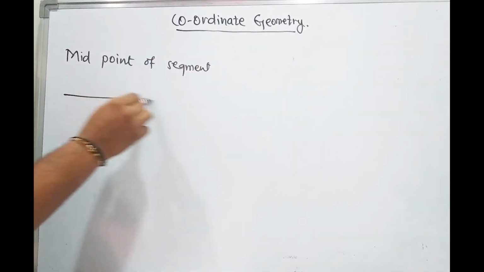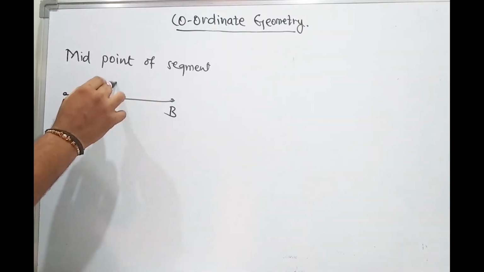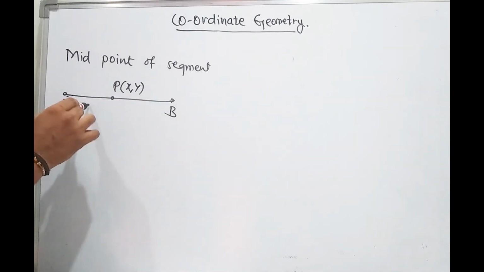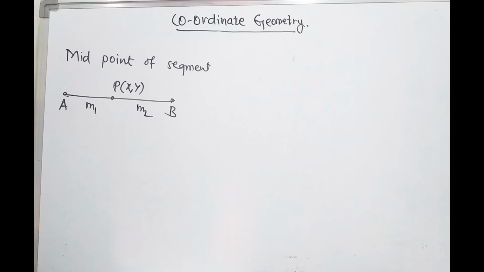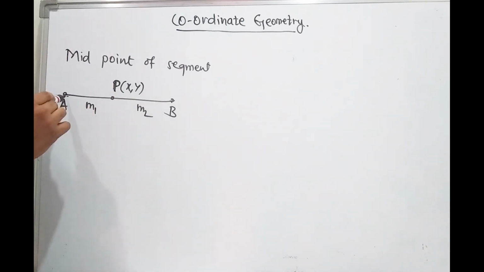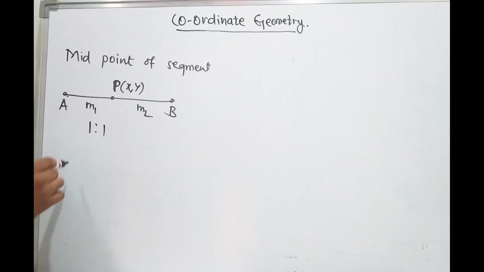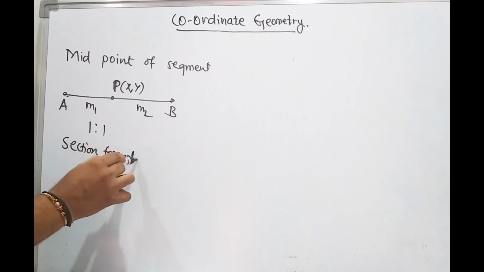Now we know that this section formula is used to find the coordinates of the point P which divides the line segment AB in the ratio m1:m2. Now if I say this point P as equidistant from A and B, means ratio is 1:1, then the section formula will be like this.